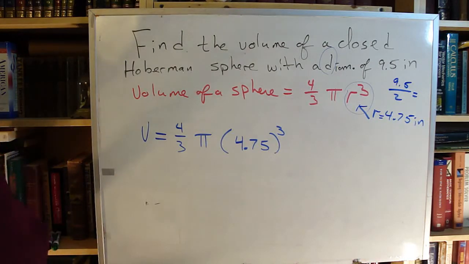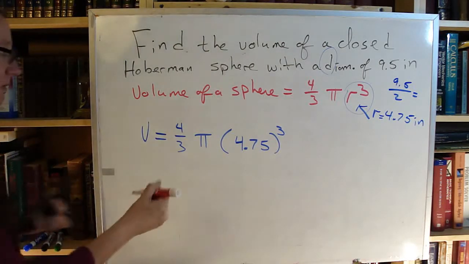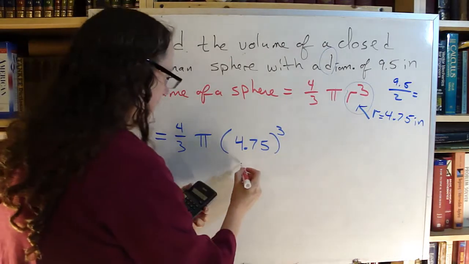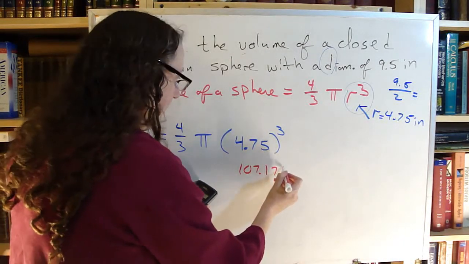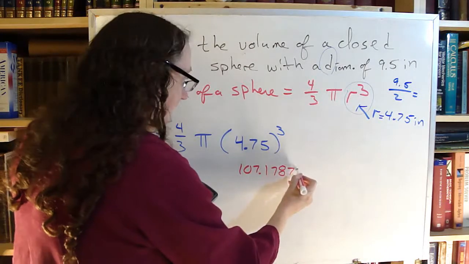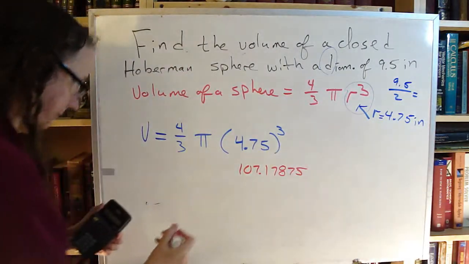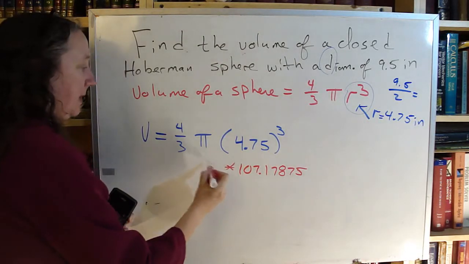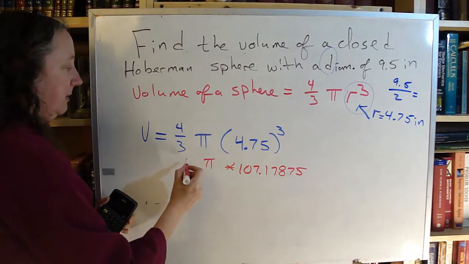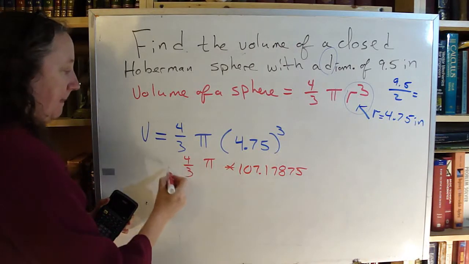And my calculator is giving me a long number, 107.17875. And that's going to be multiplied by pi, and it's going to be multiplied by 4/3.